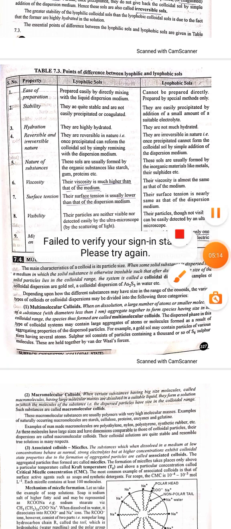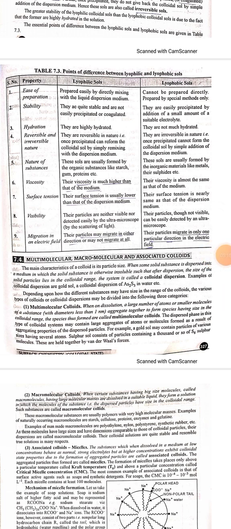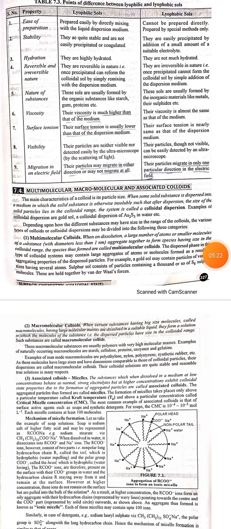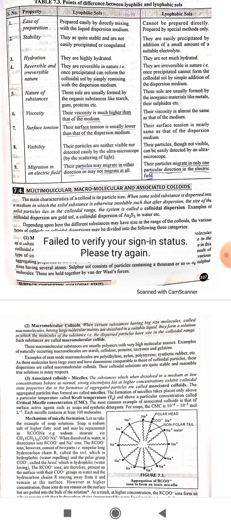Multimolecular, macromolecular, and associated colloids. The main characteristic of a colloid is its particle size. When some solid substance is dispersed into a medium in which the solid substance is otherwise insoluble, such that after dispersion the size of the solid particles lies in the colloidal range, the system is called a colloidal dispersion.